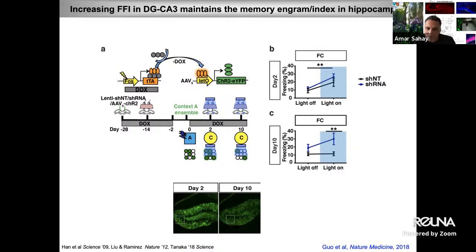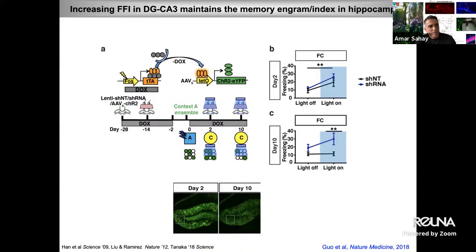Unlike in controls, where we could no longer access the memory, and these animals showed low levels of freezing, even following stimulation of channelrhodopsin with blue light, the animals in which we'd increased feed-forward inhibition showed increased levels of freezing in the neutral context, indicating or suggesting that we were still able to access the memory of context A, and that increasing feed-forward inhibition in the dentate gyrus CA3 circuit extended or prolonged the maintenance of the hippocampal index.